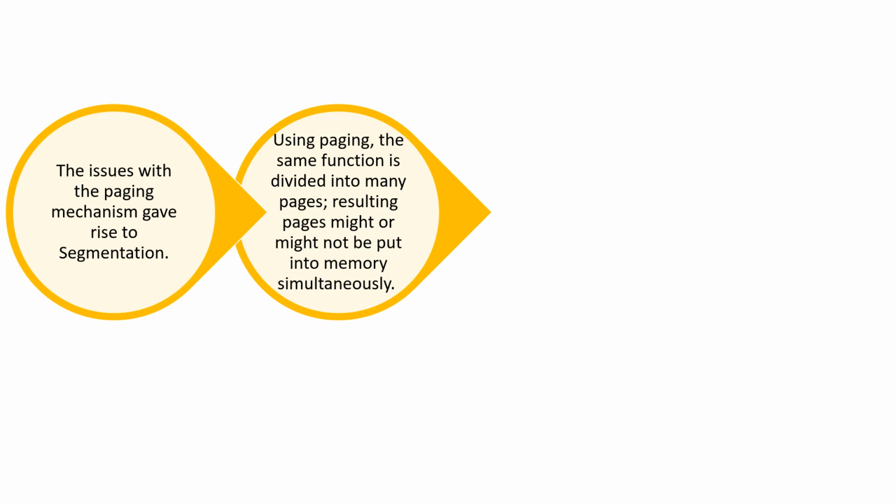For a function to run, everything must be in the memory simultaneously, but using paging, some pages may not be put in the memory, which obstructs the execution.